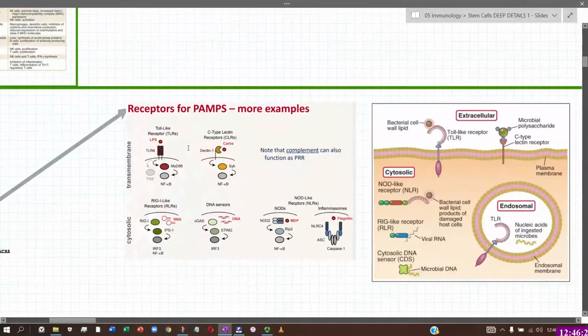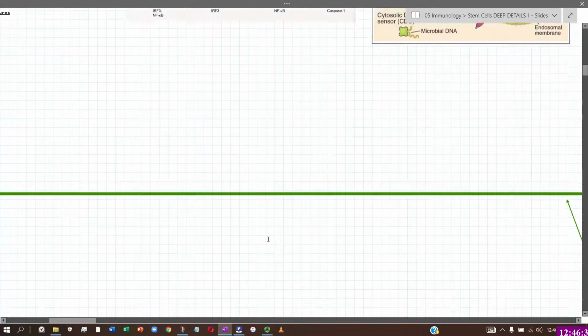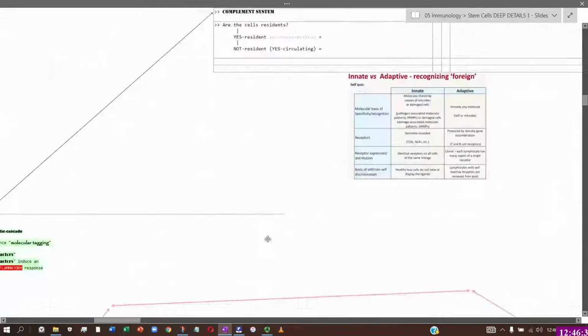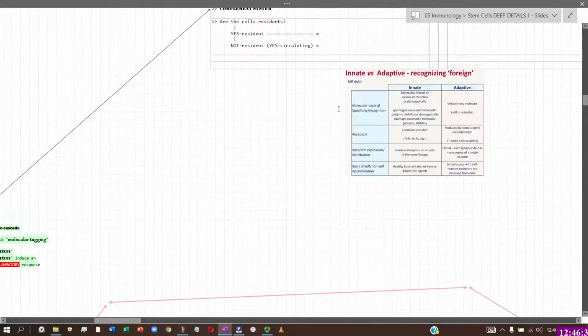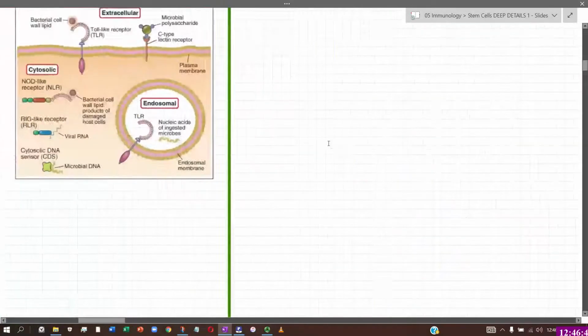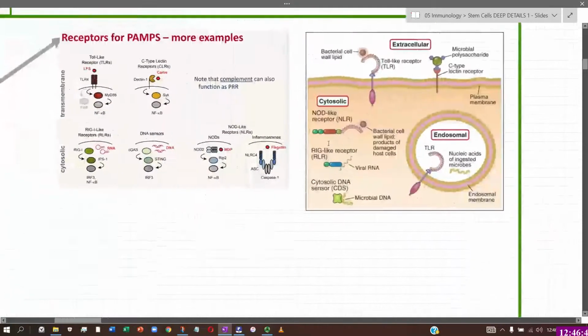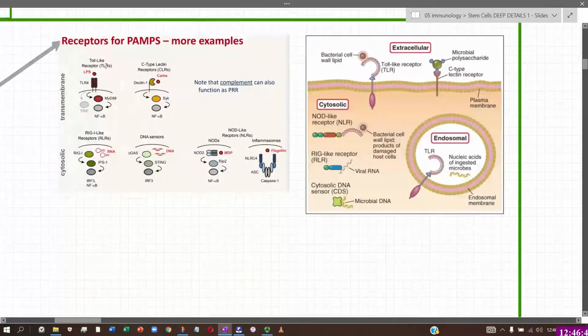And this is where you start to talk about the TLRs versus the NLRs. What did this say? Let's go back to the table. TLRs versus NLRs. So what does that mean? Let's see. TLRs. Here it is. TLRs versus NLRs, which are nod-like receptors. Cool.